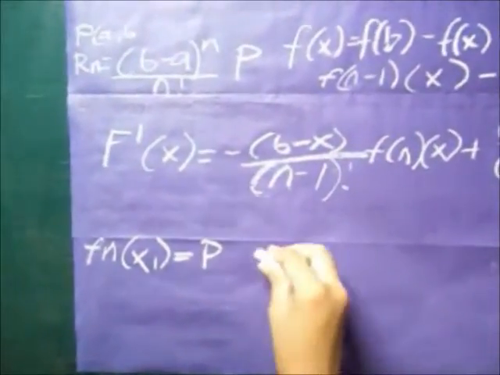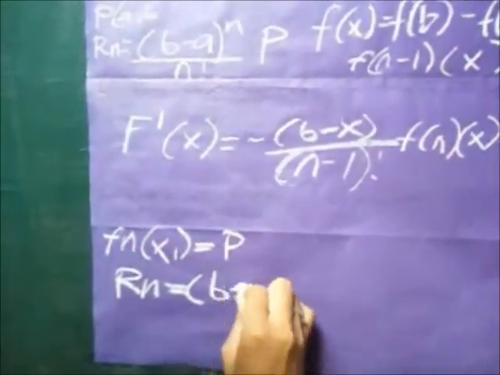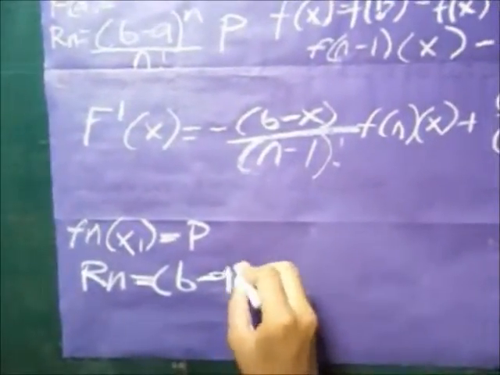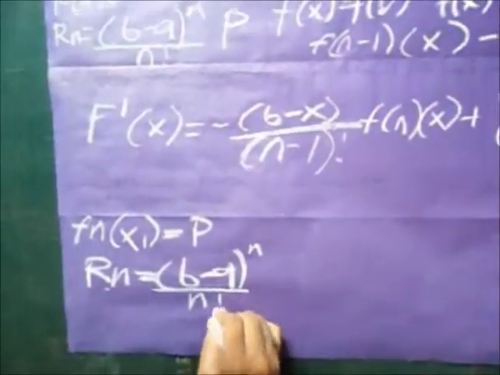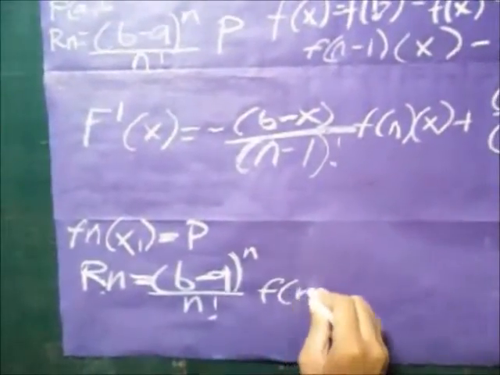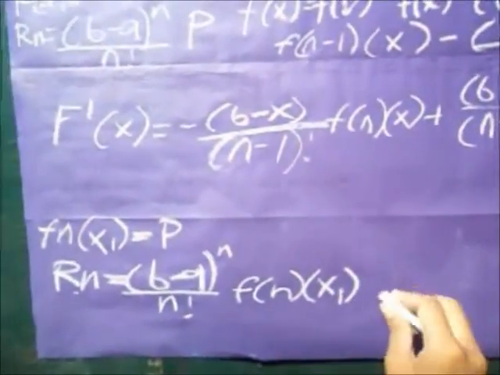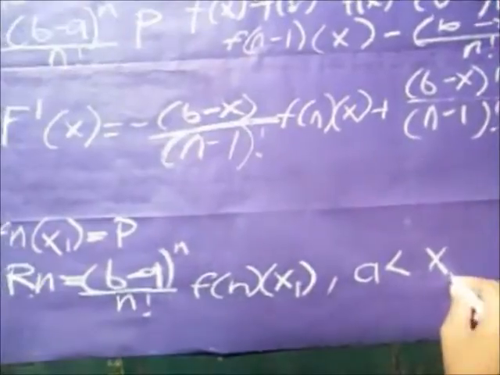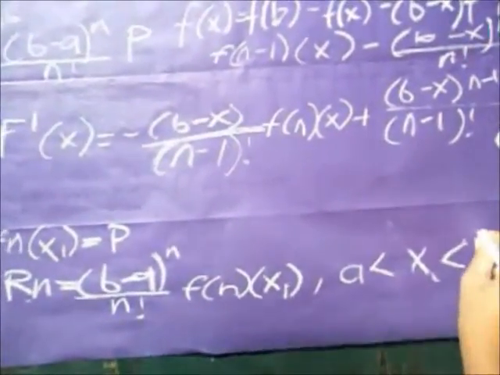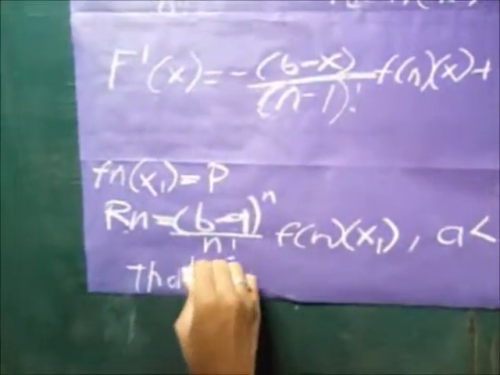Hence, we obtain R sub n is equal to b minus a to the n all over n factorial f n x sub 1, where a is less than x sub 1 and x sub 1 is less than b. That proves the theorem.